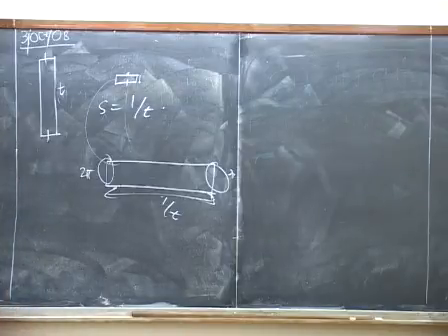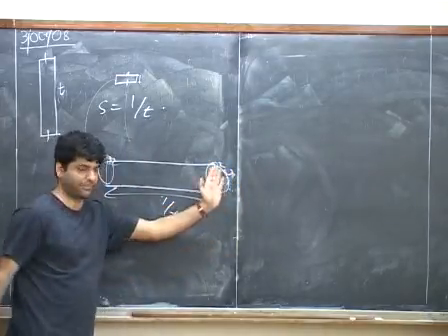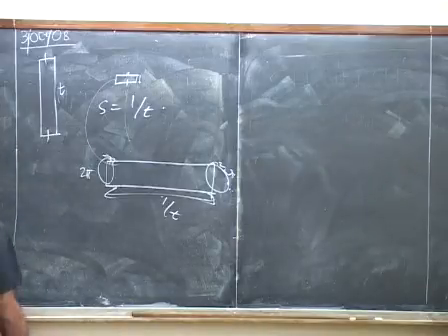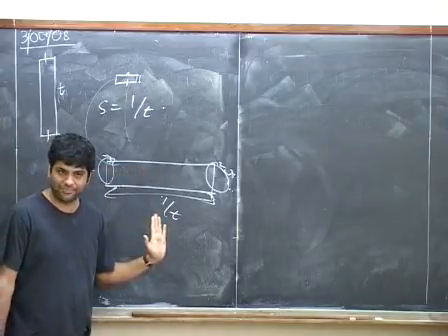Is this clear? So we got some boundary condition here, some boundary condition here. Okay, now so we're calculating a path integral with these boundary conditions.